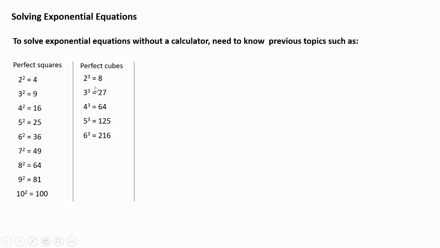After that, they're all called 2 to whatever power that we're going to. For example, these are my fourth powers. This is called 2 to the fourth power, 3 to the fourth power, and so forth. 2 to the fourth power is 16, 3 to the fourth power is 81, 4 to the fourth power is 256, and 5 to the fourth power is 625. You have to know at least these right here.